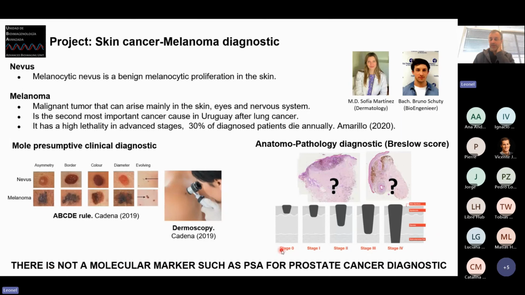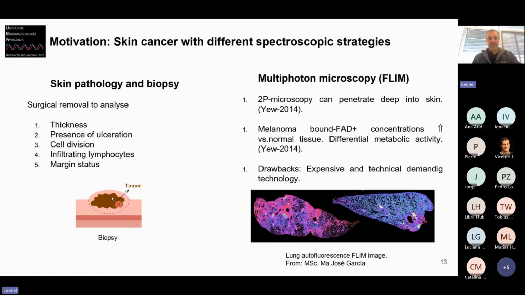So the motivation of our work was whether we can propose something that can be simple and accessible for many of the clinics around the world, in which we can take advantage of the biopsy that's part of the melanoma diagnostic procedure.